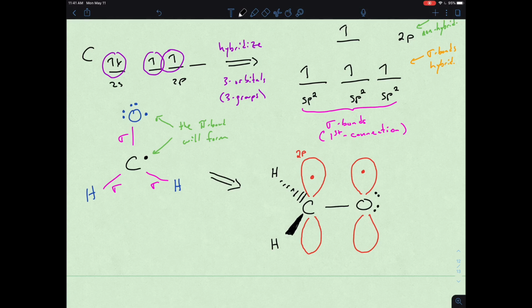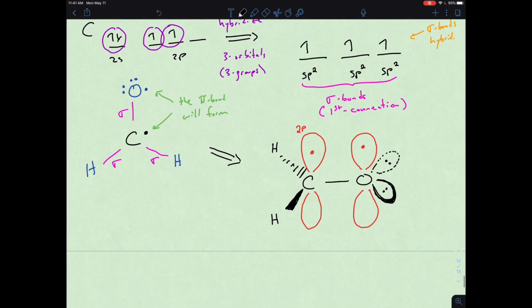If we were to actually draw them in, we would see, much like with the hydrogens, a lobe going back and a lobe coming out at us. So even the oxygen is hybridized as well.